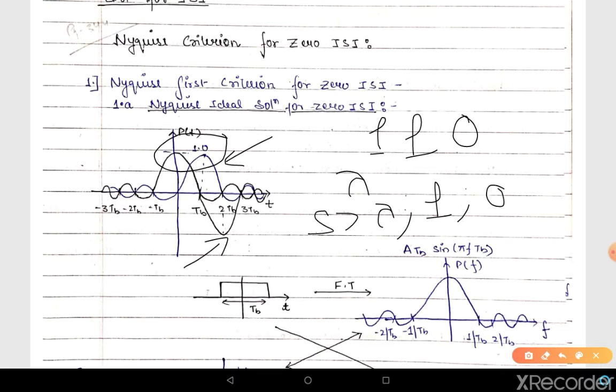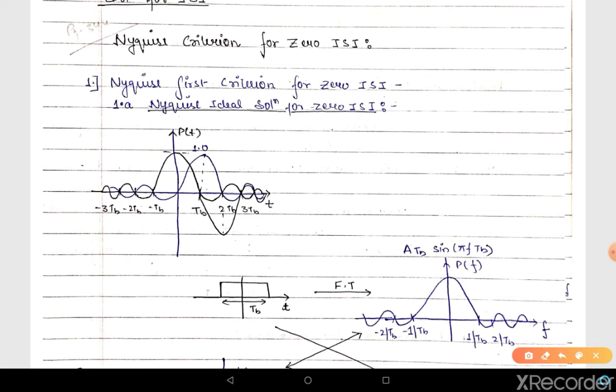So in this case there is interference, however, at the sampling instant, that is TB. Now you may ask why TB is a sampling instant. That we'll see in unit 3, as the optimum sampling instants are nTB. The reason we'll discuss in unit 3 when we discuss the optimal receiver, that is a matched filter based receiver considering additive white Gaussian noise.